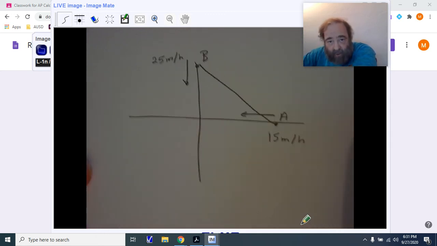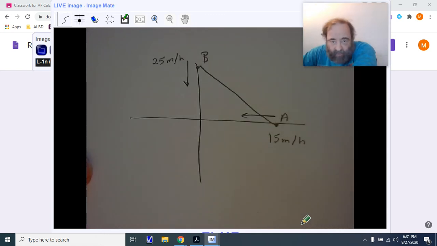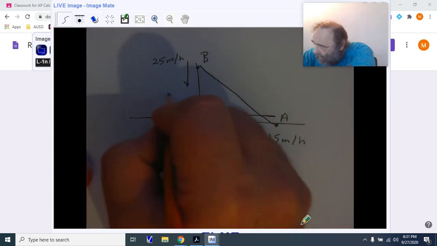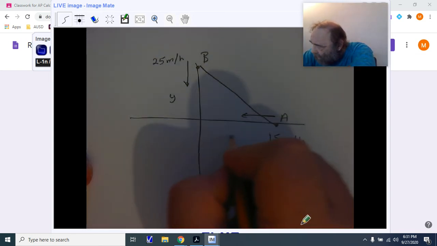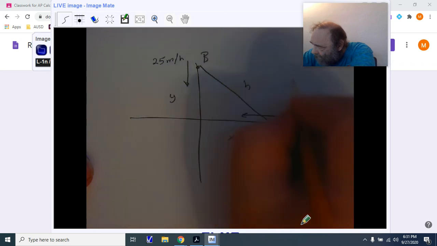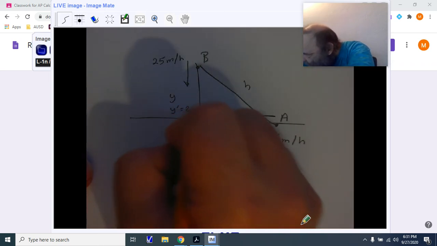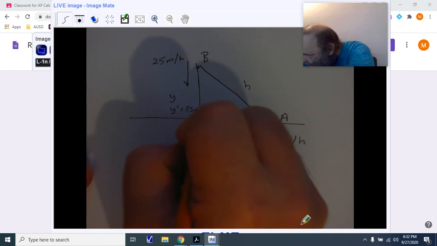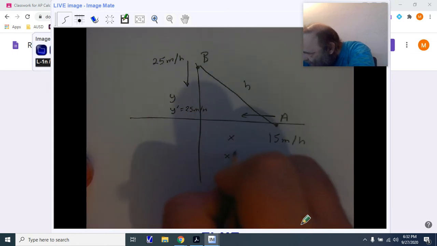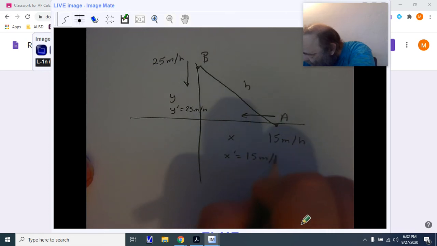So we have three different rates. We have our y value, our x value, and our h value, and therefore our y prime, which we have as 25 miles per hour, and our x prime, which we have as 15 miles per hour.